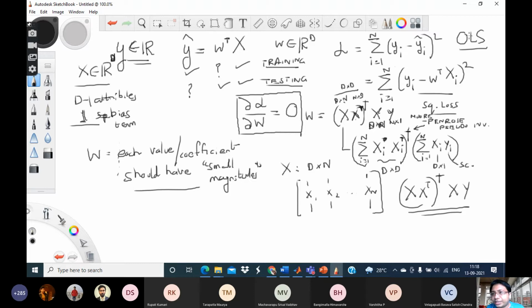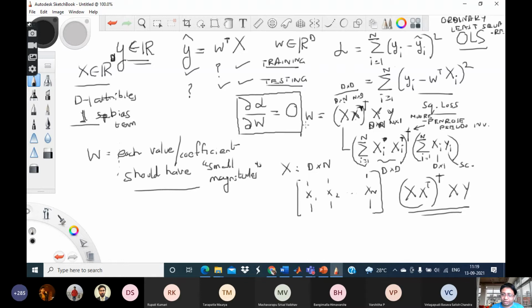OLS stands for ordinary least squares. Why ordinary? Ordinary because we are focusing only on minimizing the least square error. We are not looking for anything more than that. But what I am now suggesting requires something more.